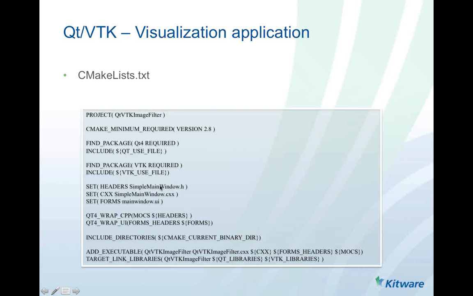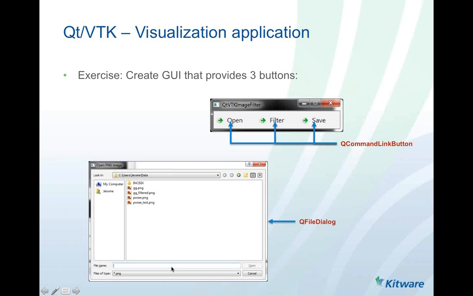And then we have some set of classes that we process in Qt terms to create compilable code. And then we compile that and link to the sets of libraries we have. We use Designer to create a very simple application which has simply 3 buttons, an open, a filter, and a save button. And in response to the open button, we'll pop open a Qt file dialog.